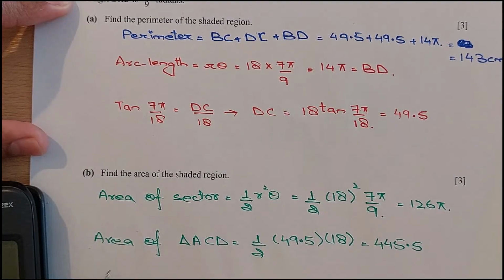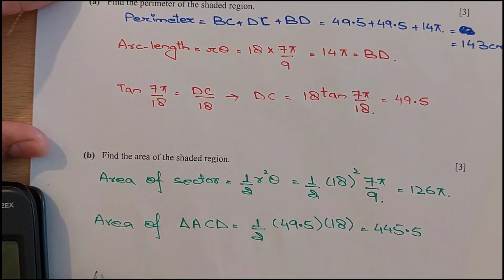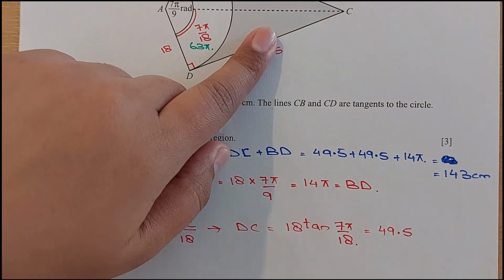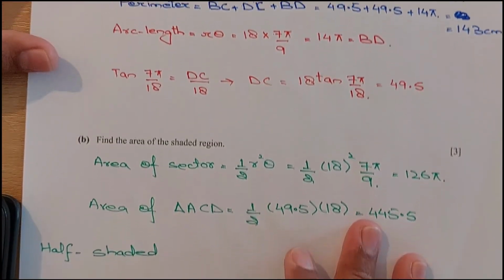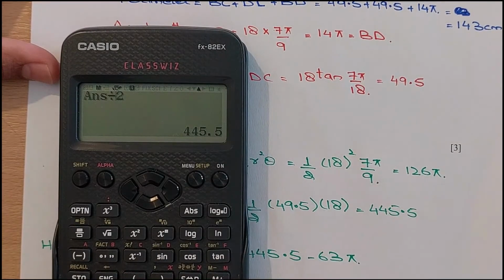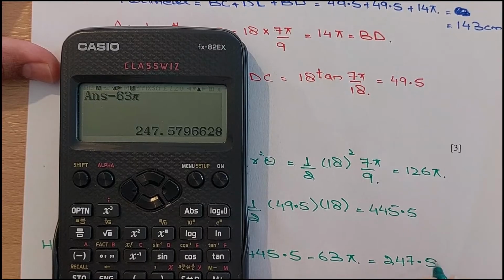So the shaded area, or we can say half the shaded area, because we are doing the bottom half of this shaded area, is 445.5 minus 63 pi, which equals 247.5, right?